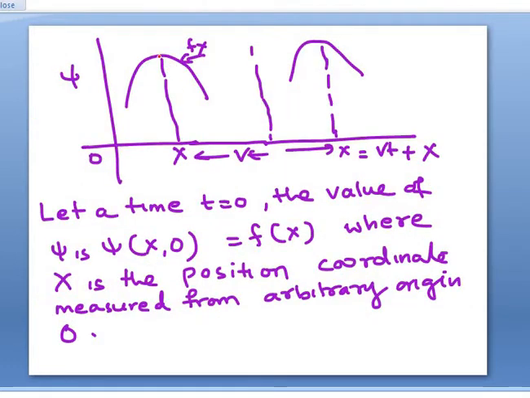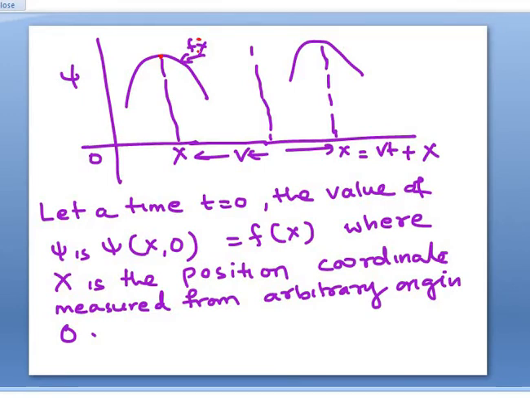Consider the wave at a point, and name this point X, at time t equal to 0. At time t equal to 0, the value of psi is psi(X, 0), which can be written as a function of capital X, where X is the position coordinate measured from an arbitrary origin at time t equal to 0.